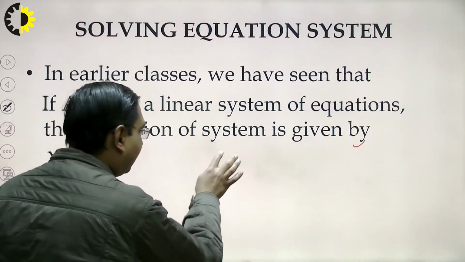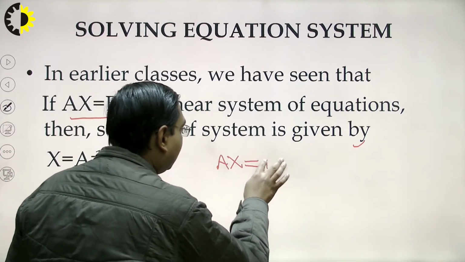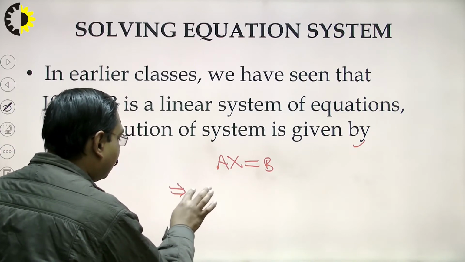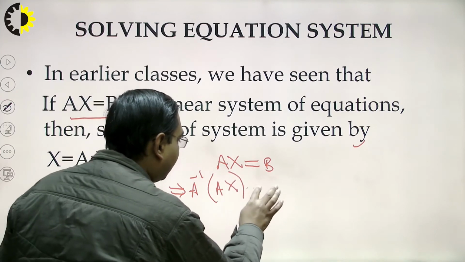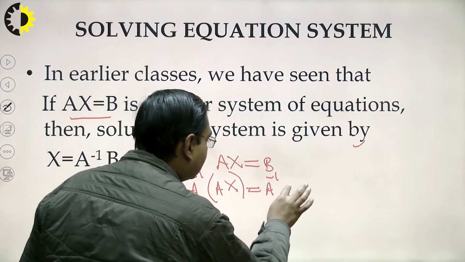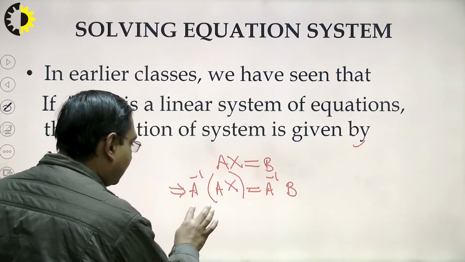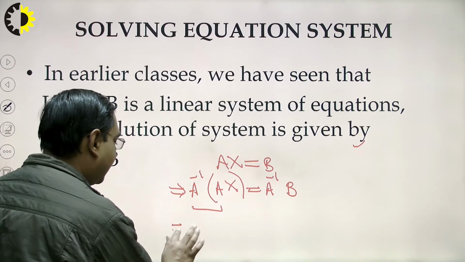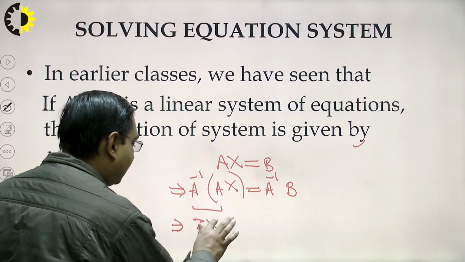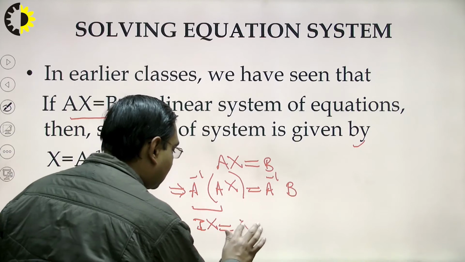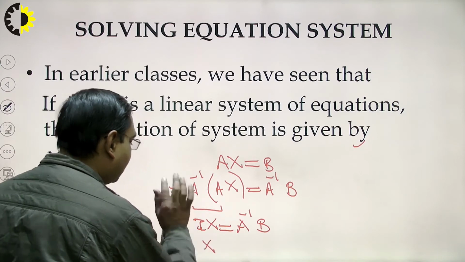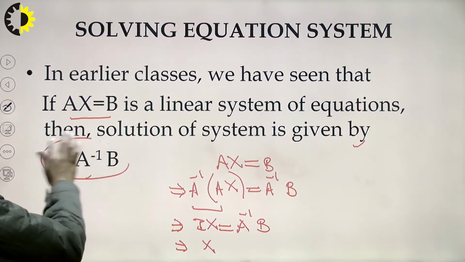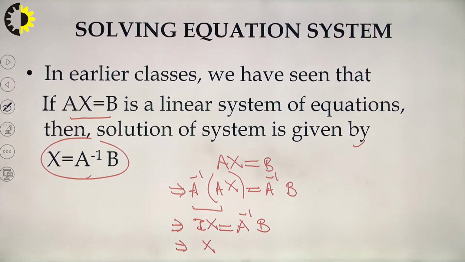Because if Ax equals b, then we pre-multiply this equation by A inverse, giving A inverse Ax equals A inverse b, and this A inverse A will become the identity matrix, which gives Ix equals A inverse b, and this Ix will be nothing but x. So, I obtain x equals A inverse b, but this method has certain limitations.